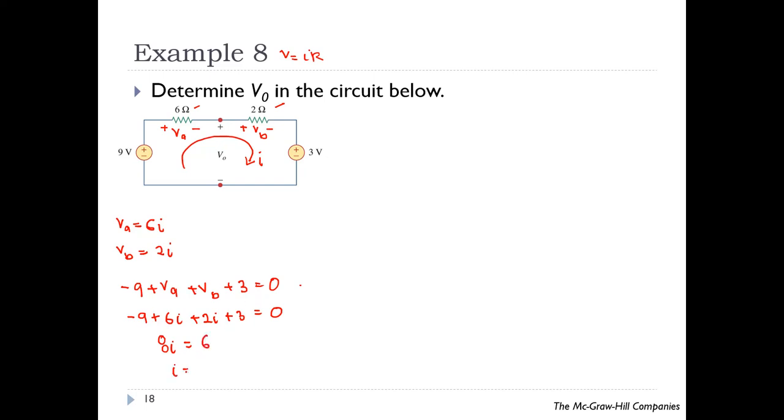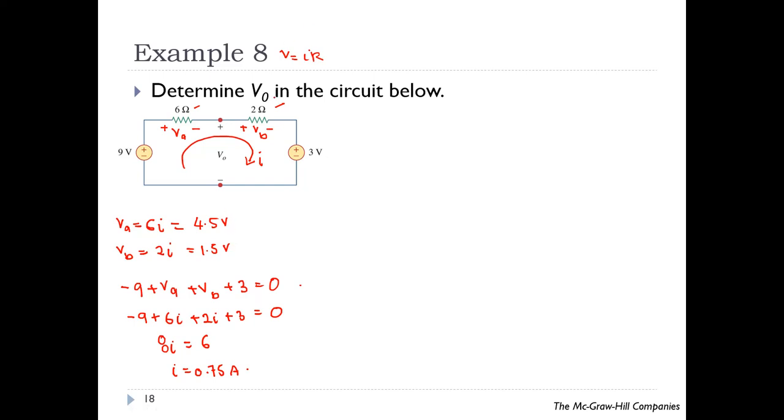So your I is equals to 6 over 8, 0.75 ampere. Okay, so if I is 0.75, your VA will be equals to 4.5 volt. Your VB equals to 1.5 volt.